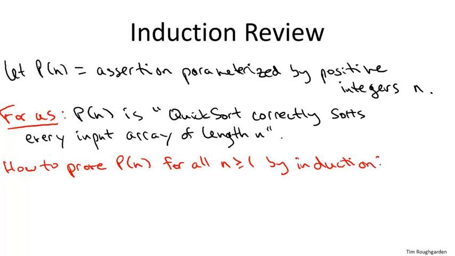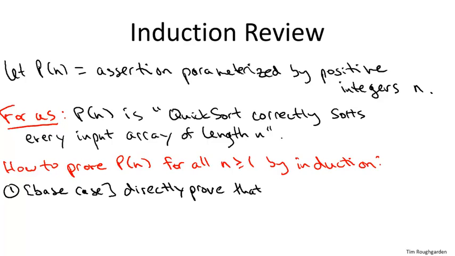For the base case, you have to get started, so you show that at the very least, your assertion is true when n equals 1. This is often a trivial matter, and that'll be the case when we establish the correctness of quicksort, just on arrays with only one element.